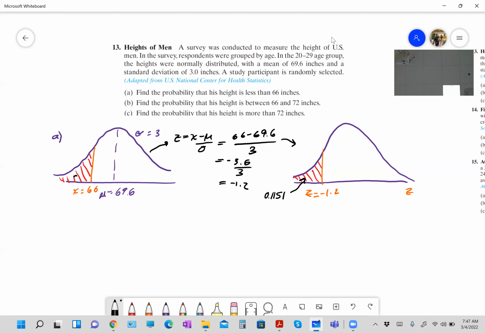Therefore, this area here is 0.1151. Therefore, to answer this question, the probability of x being less than 66, the height of the man being less than 66, is equal to 0.1151. That's how you do the question.